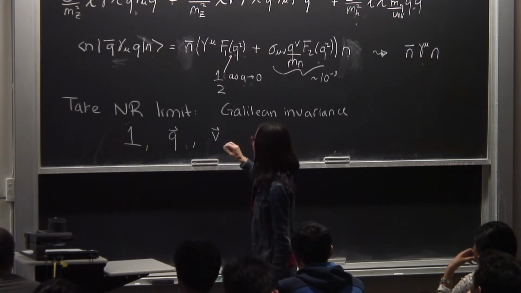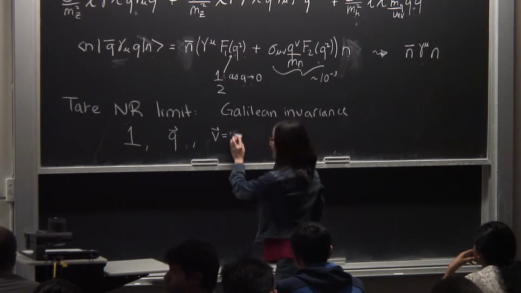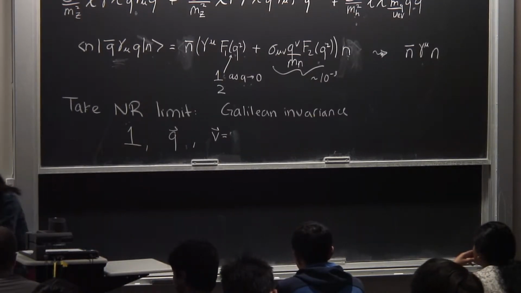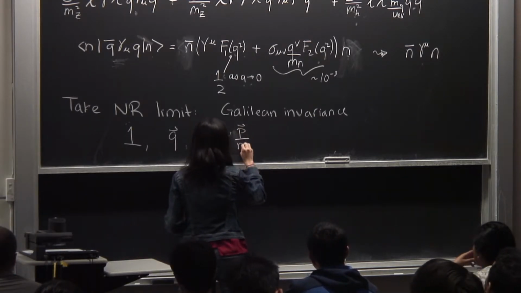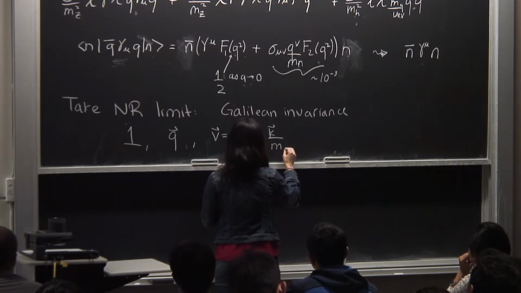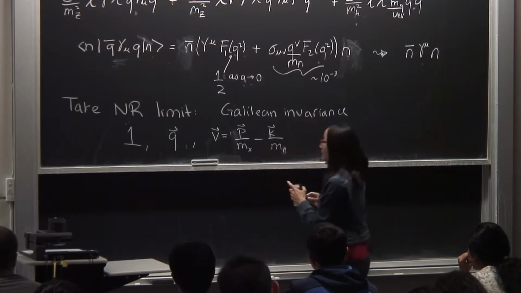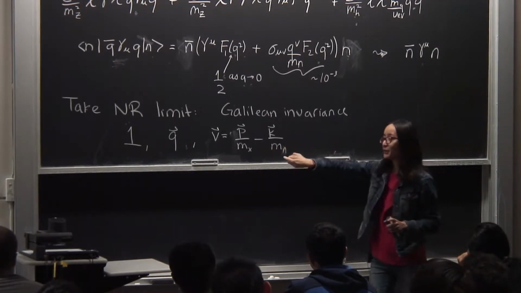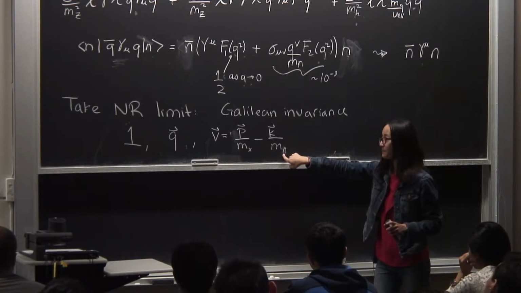The relative velocity of the dark matter and the nucleon is another operator. So here I'm working at the nucleon level, so this is the nucleon mass here.